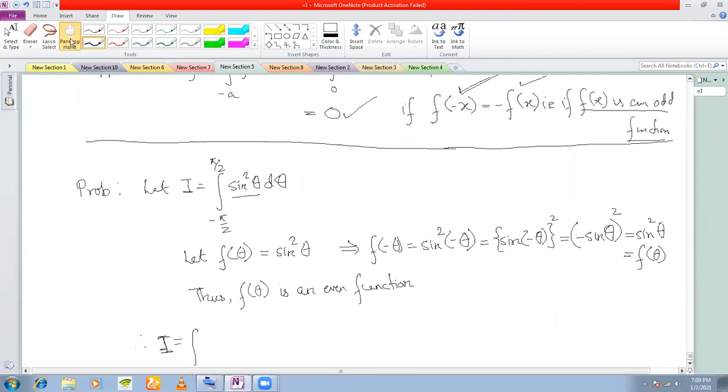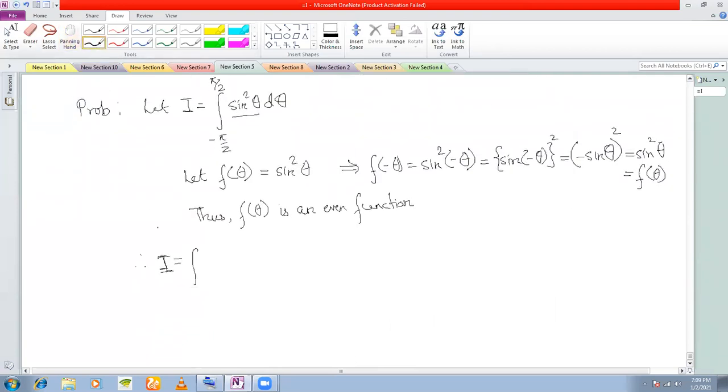So I is equal to the integral from minus pi by 2 to plus pi by 2 of sine square theta d theta, which becomes twice the integral from 0 to pi by 2 of sine square theta d theta.